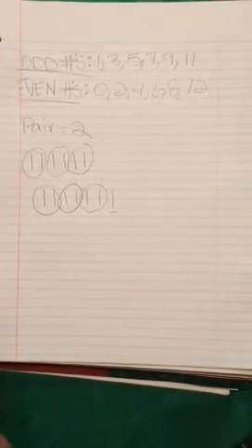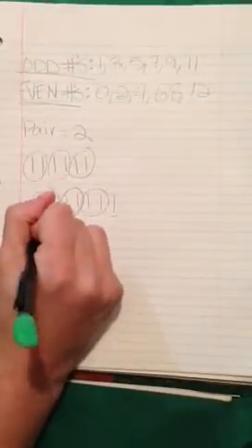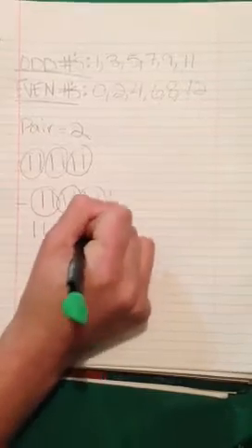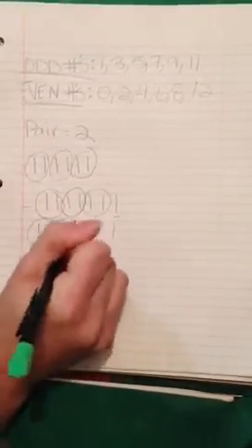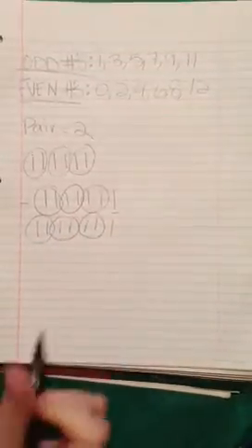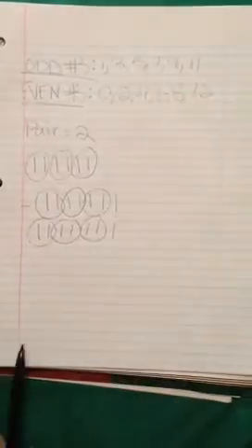But what if we were to add 7 sticks to 7 sticks? So here's our first 7. And let's do another set of 7. And we'll pair these up as well. Now, I have one left over from the first set and one left over from the second set.